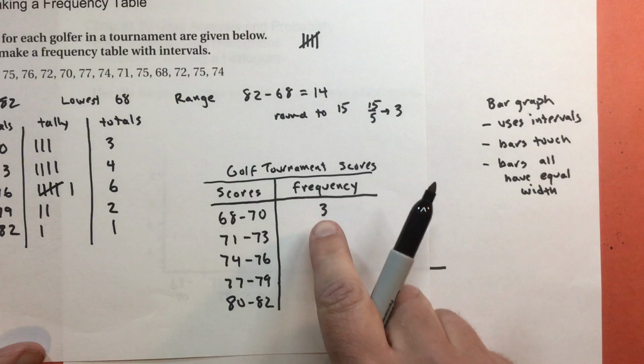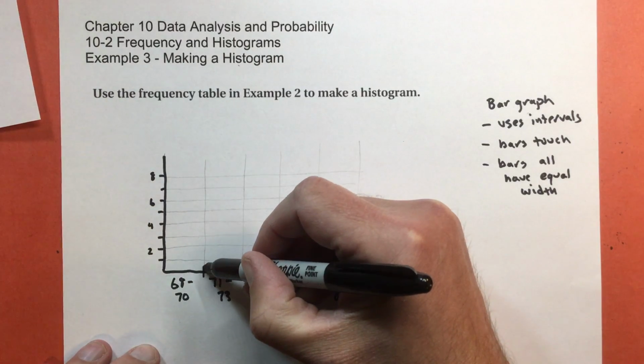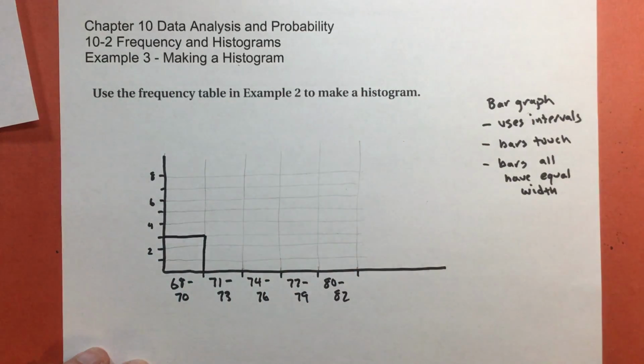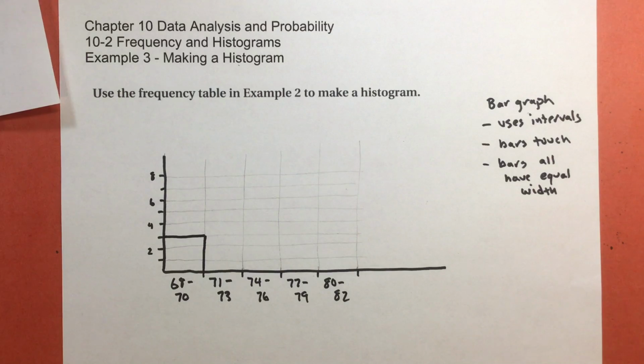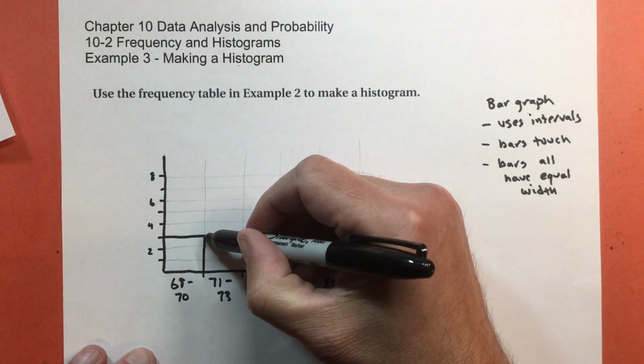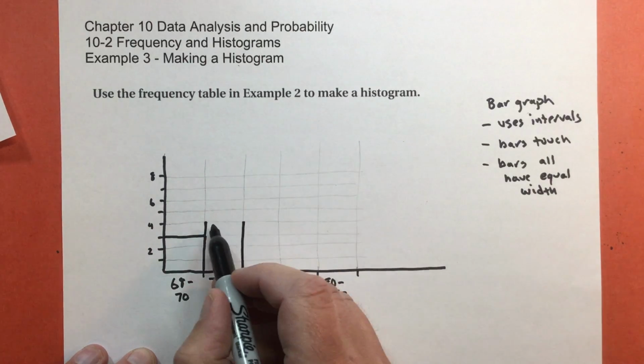So my first bar goes up to 3. So I'm going to draw it like this. My next bar goes up to 4. And the bars are going to touch.